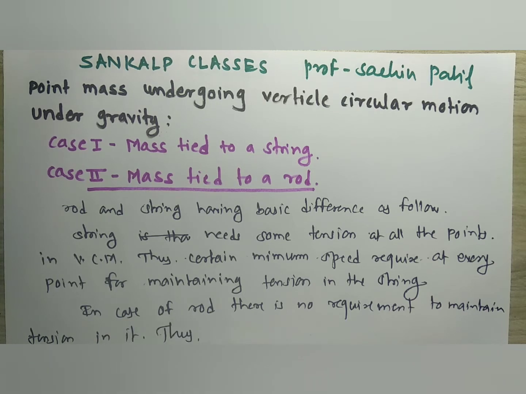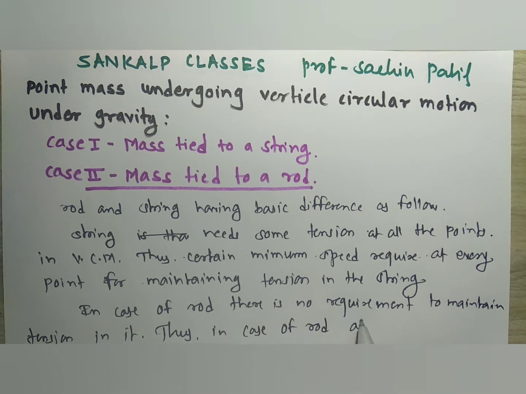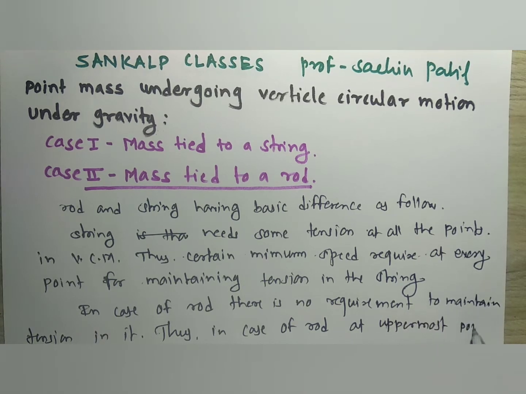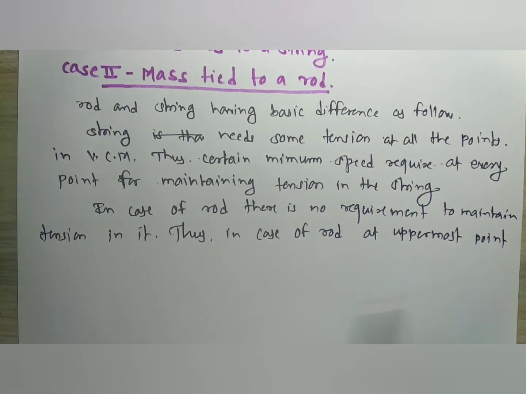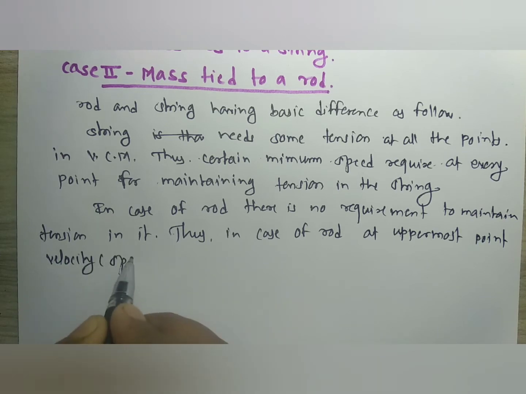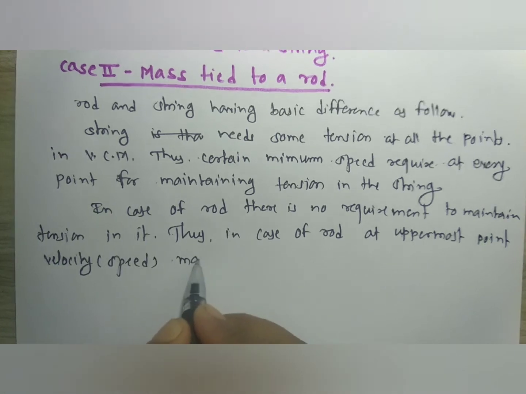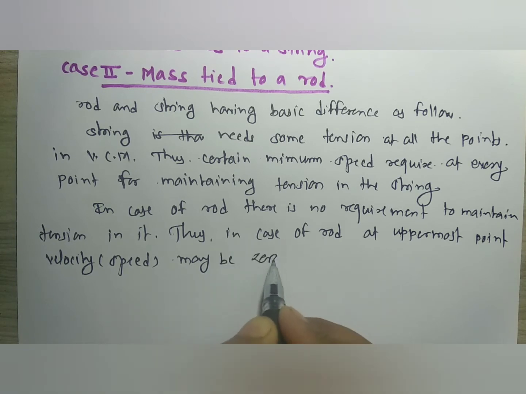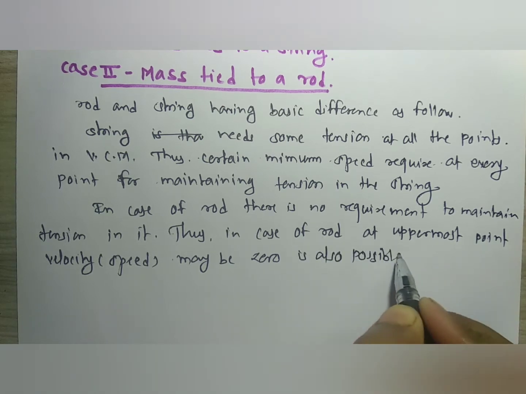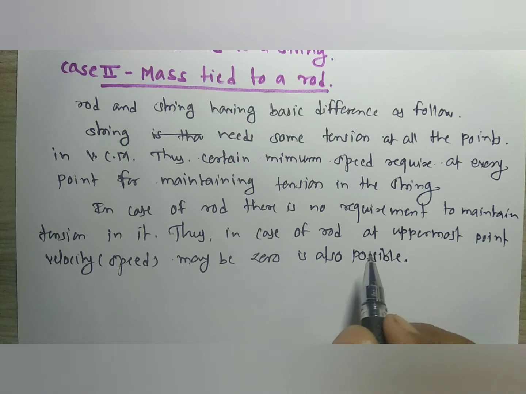Thus in case of a rod, at the uppermost point, velocity or speed may be zero, which is also possible. That means we can take the consideration of V at the topmost point.